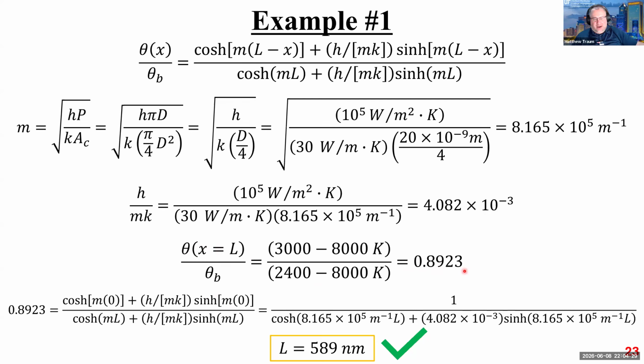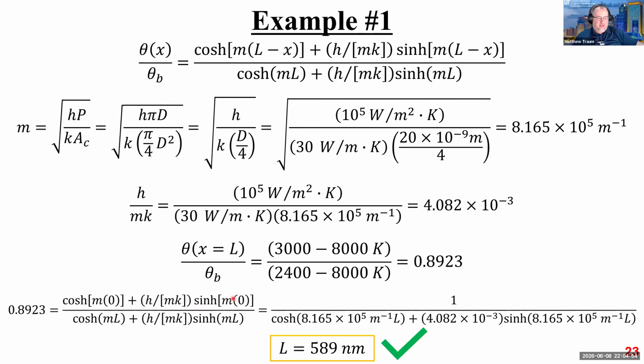And now I know everything I need to know, right? So I can take my ratio of thetas, plug it in over here, put in my values for x is L, right? So L minus L is 0. That's where this 0 comes from. The numerator just becomes 1, right? Because hyperbolic cosine of 0 is 1.